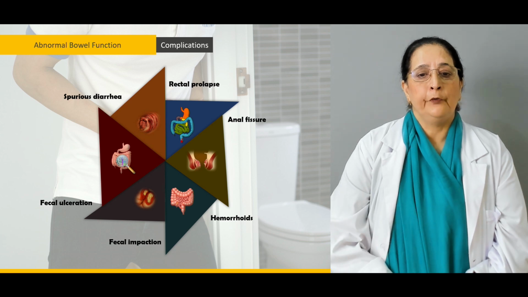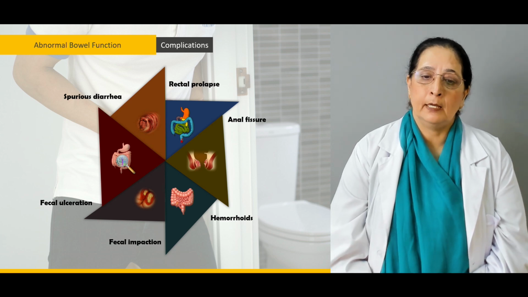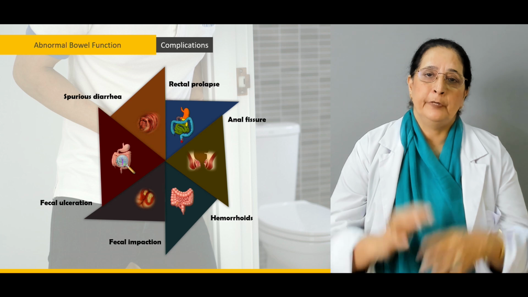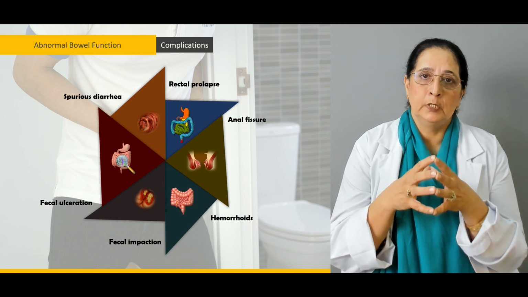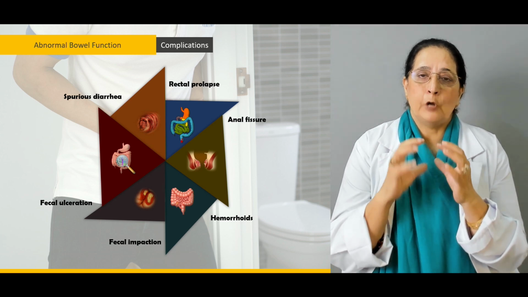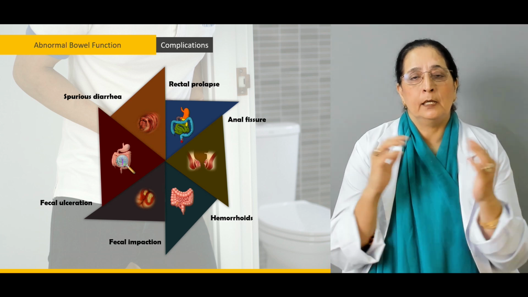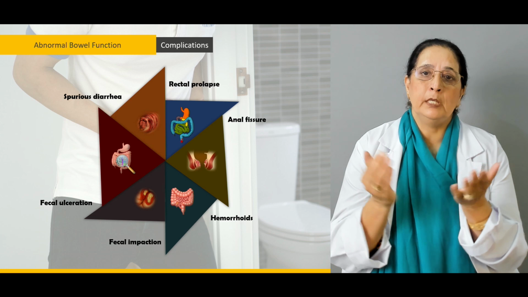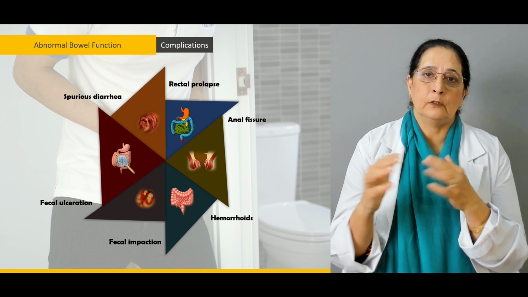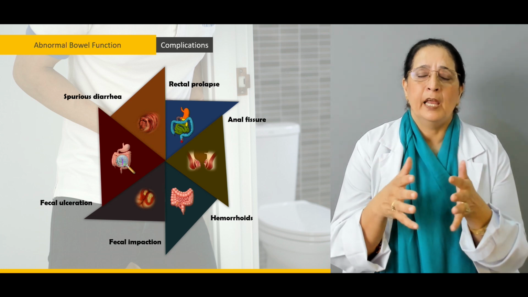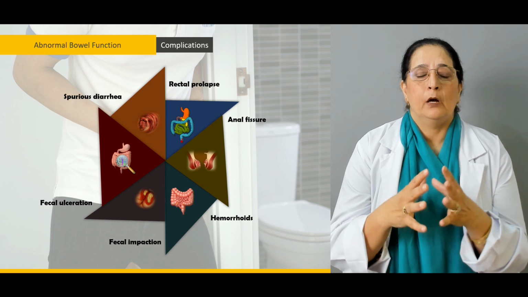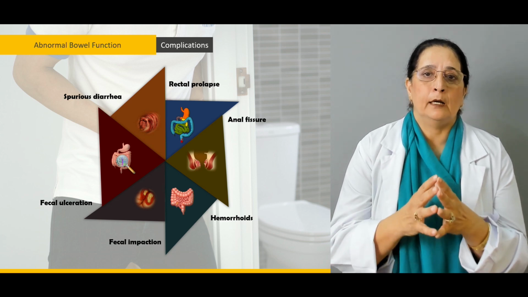And then spurious diarrhea. It's a condition in which hard stools block the lumen, there is leakage around the hard stools, and this causes spurious diarrhea, the watery flow around the hard feces.